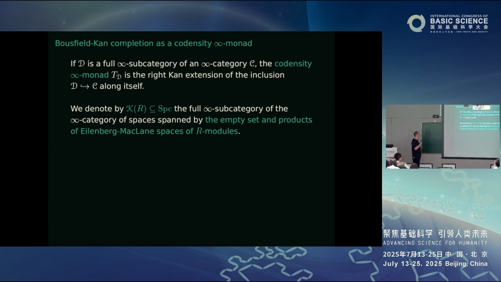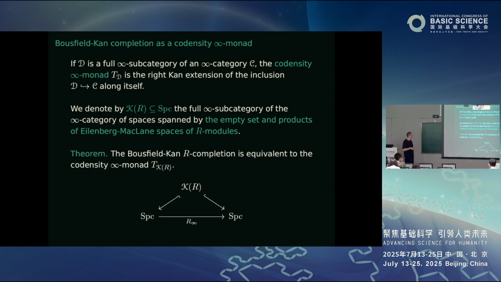We fix some ring R and consider Eilenberg-MacLane spaces of R-modules and take all their products. For some technical reasons, we also need to include the empty set in our K of R. So K of R is the full subcategory generated by the empty set and all products of Eilenberg-MacLane spaces. Very natural subcategory of the category of all spaces.